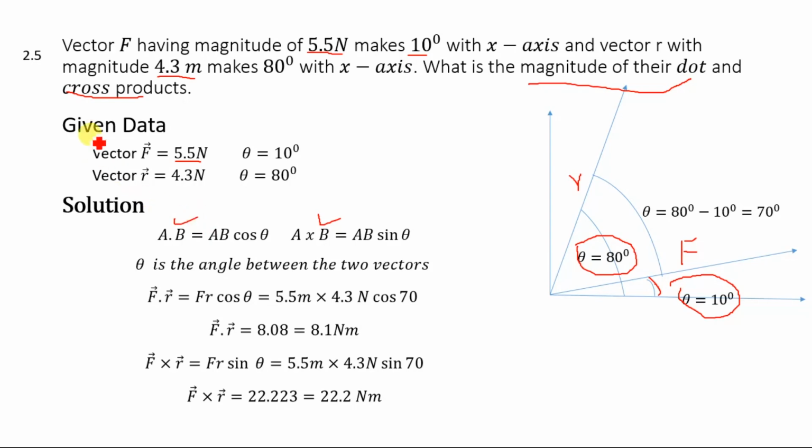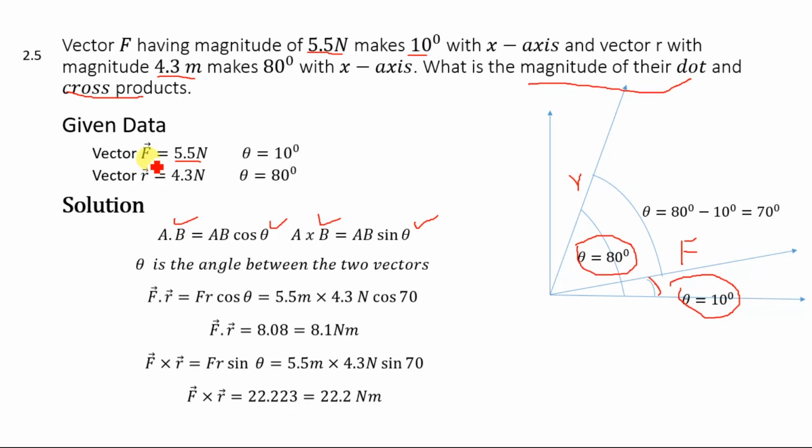Now for the dot product, we know that a dot b, the dot product between two vectors a and b, will be equal to ab cos theta, and the cross product between two vectors a and b will be equal to ab sin theta. Now what is this theta in this equation? This theta is the angle between vector a and vector b.